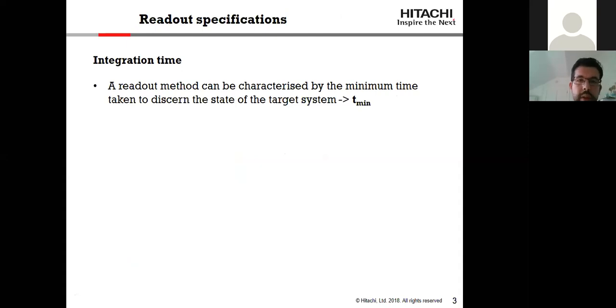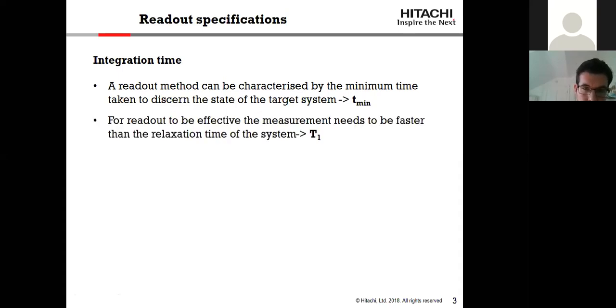So in terms of specifications of what your readout should do, there are several things that your readout protocol should fulfill. One is that we need to understand that the minimum time taken to discern the state of the target system is what we are going to define as T-min. So this is a characteristic of your readout method.